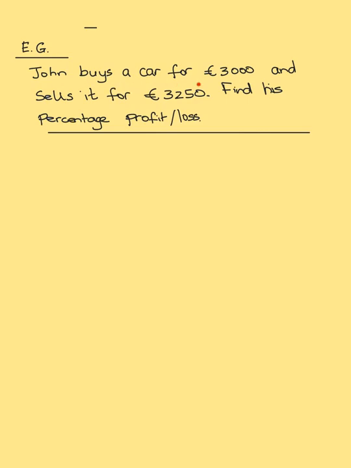Now, John buys a car for €3,000 and he sells it for €3,250. Find his percentage profit or loss. Now, it's very important when you're doing these to lay out all the steps. So we see he bought it for 3,000. That's his cost price. So we'll write that down. His cost price is 3,000.